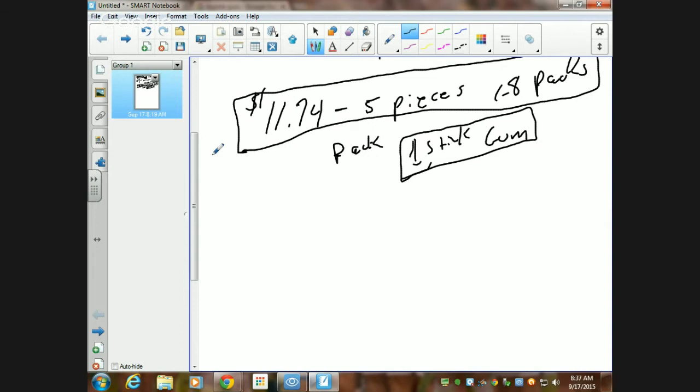How many packs did you buy? So how many sticks of gum do you have? Was it 90, right? Okay. So how many sticks of gum did you buy for $11.74? You bought 96 gum for $11.74. So how much is one stick of gum?